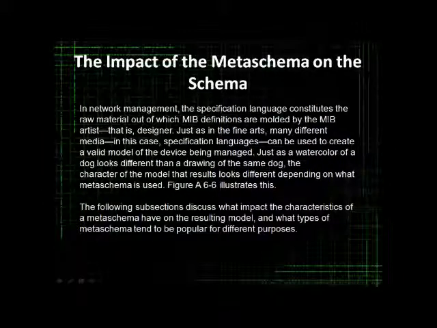Next, the impact of the meta-schema on the schema. In network management, the specification language constitutes the raw material out of which MIB definitions are molded by the MIB artist, that is, the designer. Just as in the fine arts, many different media, in this case specification languages, can be used to create a valid model of the device being managed.